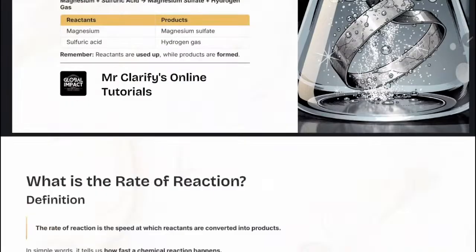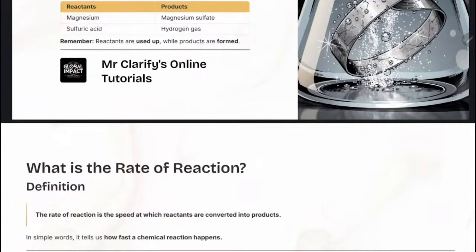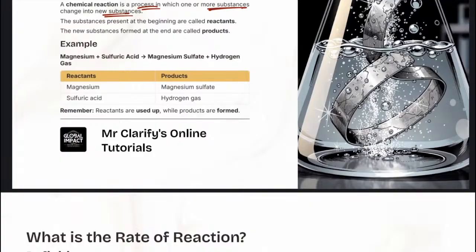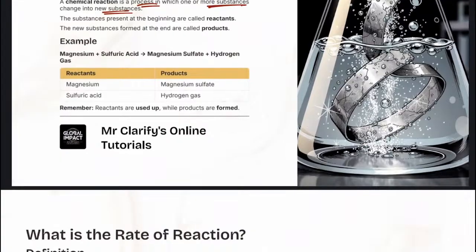Well, we know that for a reaction to happen, what must happen, students? What must the reactants do? The particles of the reactants must do what? What we just saw. For us to have a reaction, we must have a collision. What type of a collision?